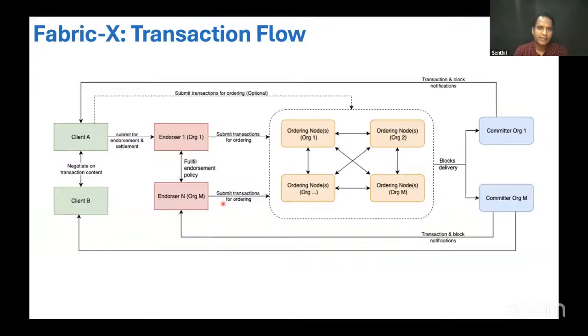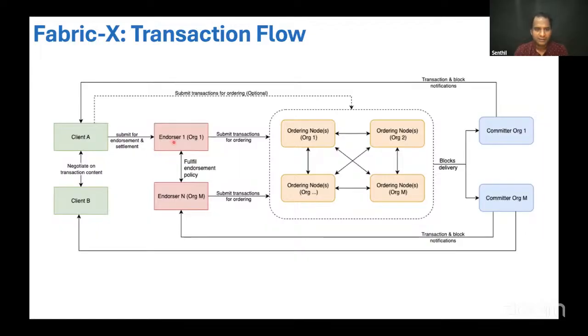Before going into the internals of the committer component, let's have a refresher on FabricX transaction flow. We have clients, then endorser, then ordering service, and finally the committer component. The transaction would be initiated by the client, and they would submit the transaction to endorser to collect the endorsement.